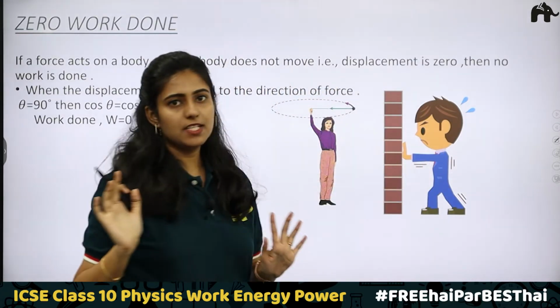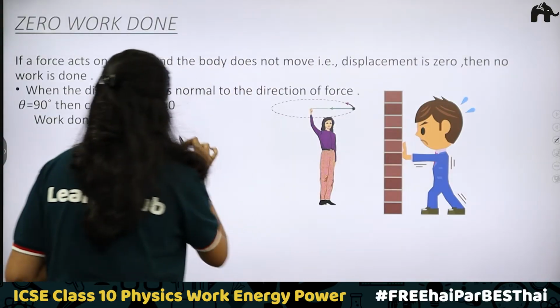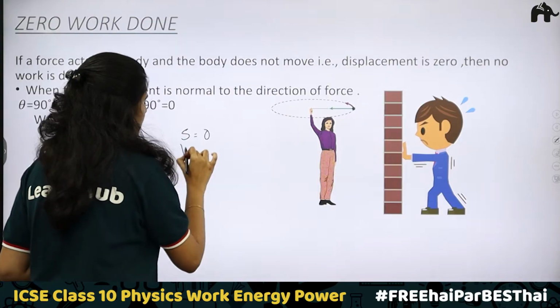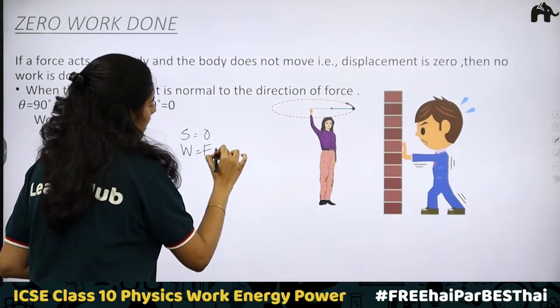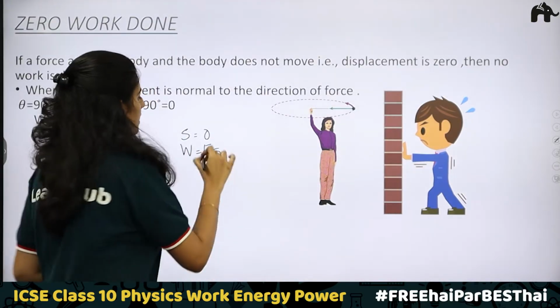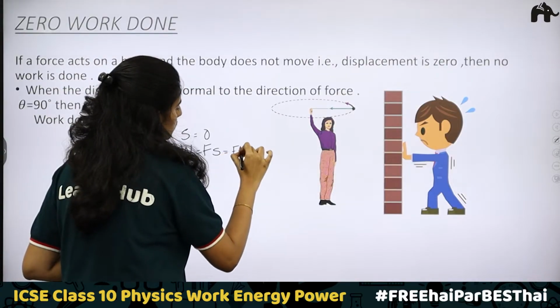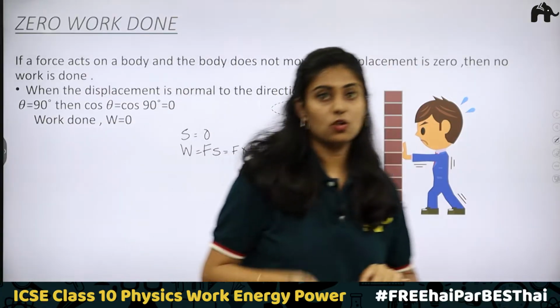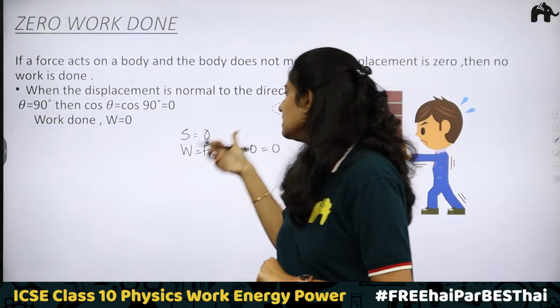Is there any displacement? No displacement, right? So, when displacement is equal to 0, work done W is equal to F into S, which is force into 0 displacement, which is 0. So work done is said to be 0 when there is no displacement.